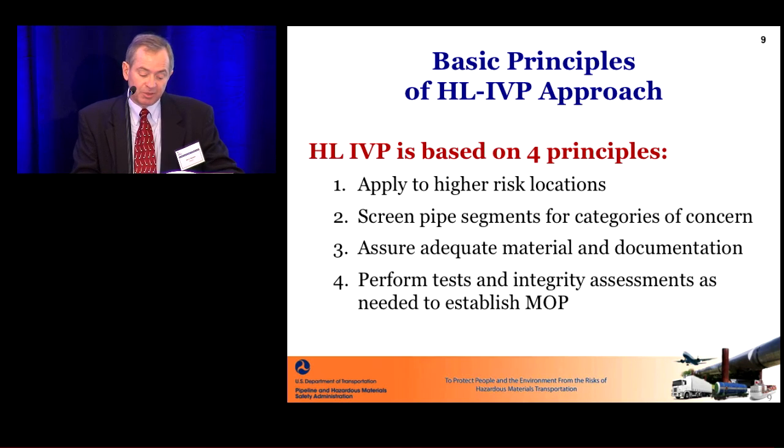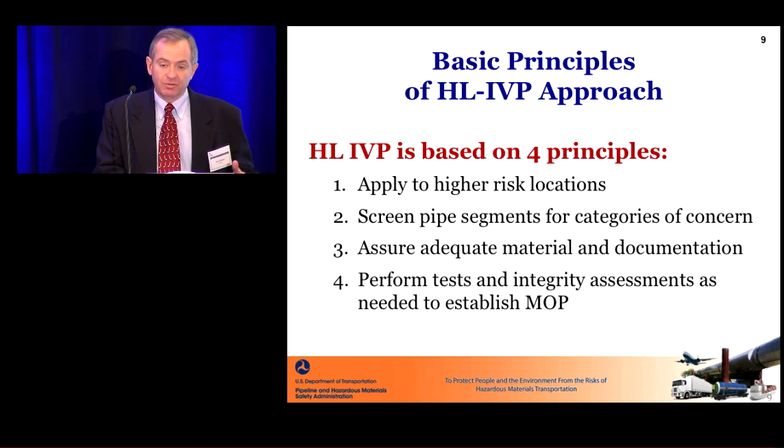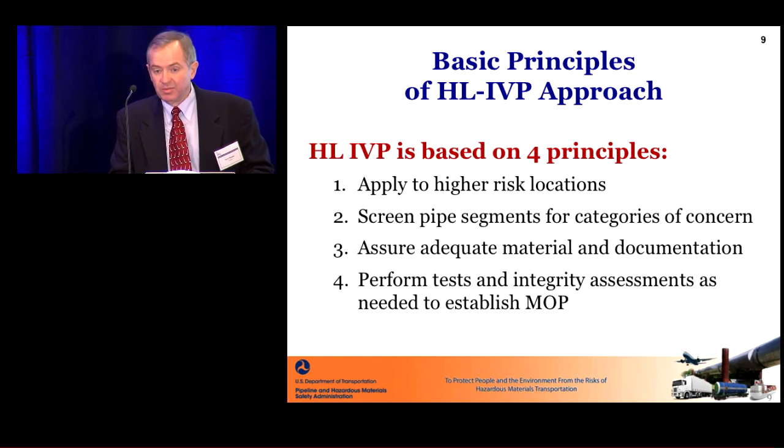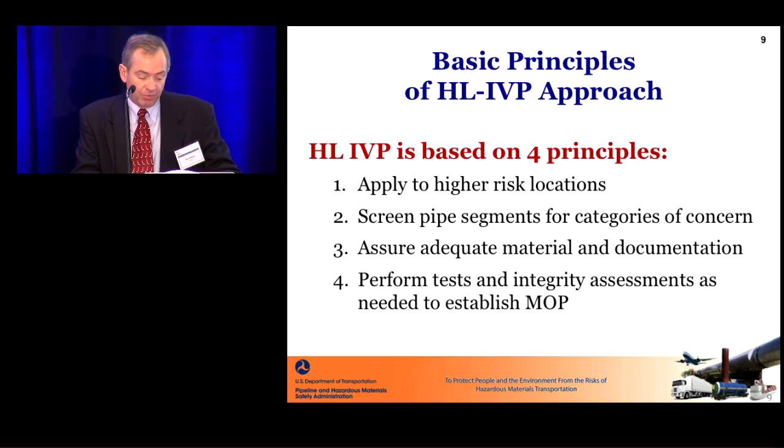Screen the pipe segments for the categories of concern. In other words, if seam cracking is an issue, stress corrosion cracking, if wall loss anomalies are the issue, look for what the issues are. Do you have adequate material documentation? And then perform the tests and the integrity assessments needed to establish the MOP and also to do your assessments.